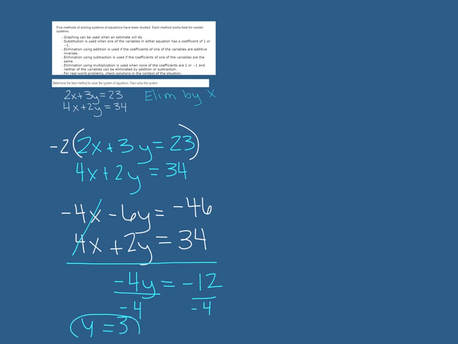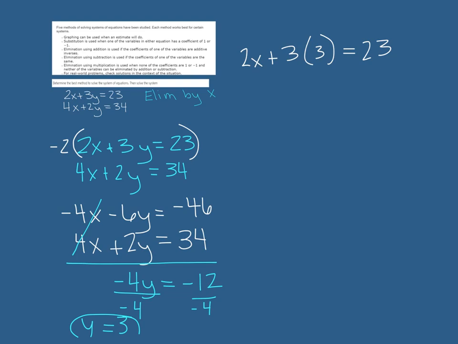Okay, so now I can plug that into either one of the original equations. So I've got 2x plus 3y, and we said y was 3, equals 23. I'm using this first equation that was given to me in the problem.